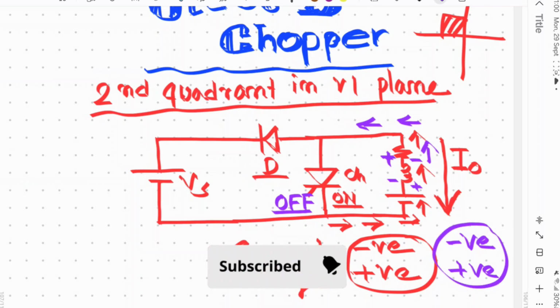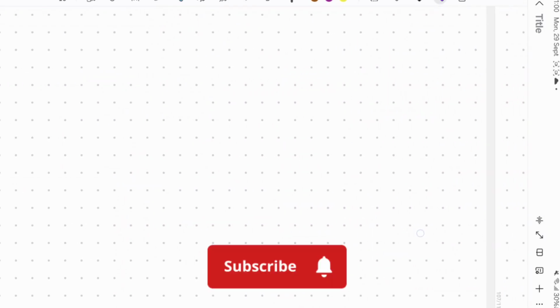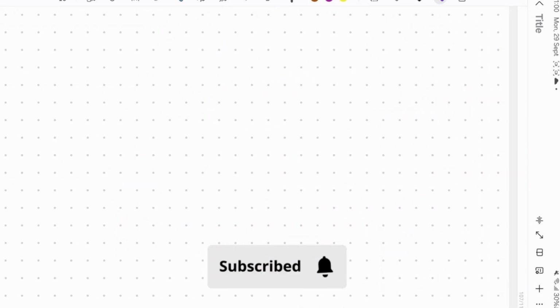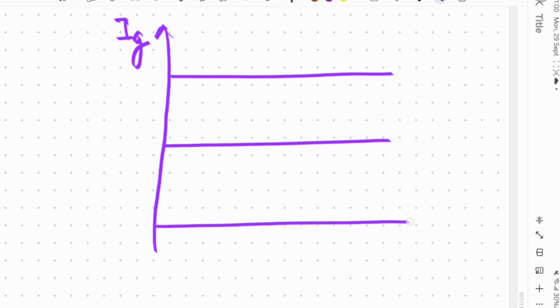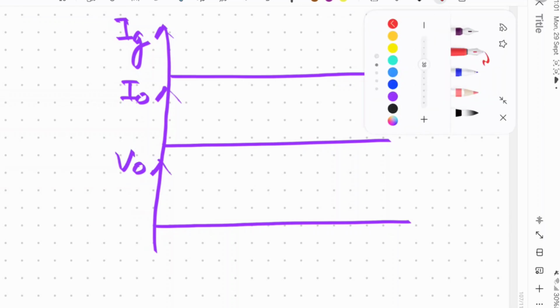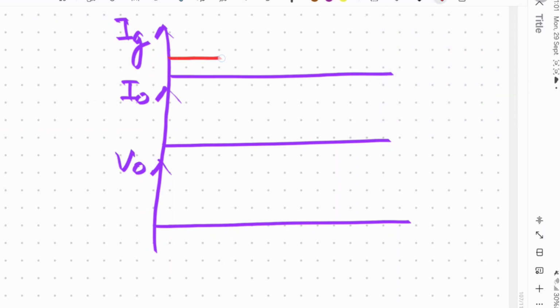Now we'll see the output waveform for class B chopper. This is IG, this is I0 the output current, and V0 the output voltage. Assume this is the T on period, and this is the T off period.